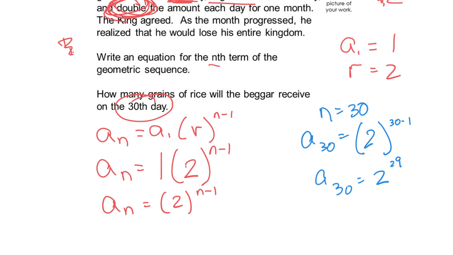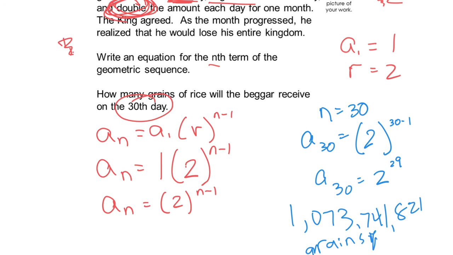So using your calculator, 2 raised to the 29th power, let's see here. 1,073,741,821 grains of rice.